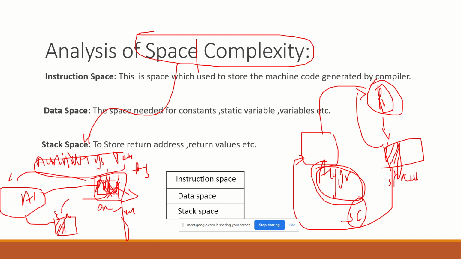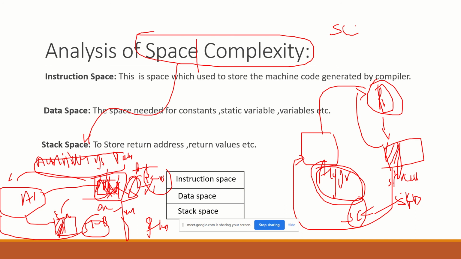Now, how do we calculate space complexity? If an algorithm with auxiliary space has 5 KB of space complexity, suppose it takes 5 KB of space, and auxiliary space is 2 KB. Now tell me the complexity. The total space used for input is 5 KB, and the space used for auxiliary space is 2 KB.